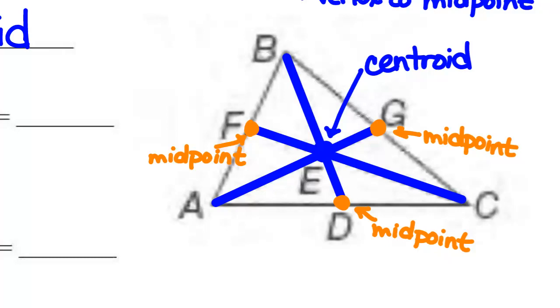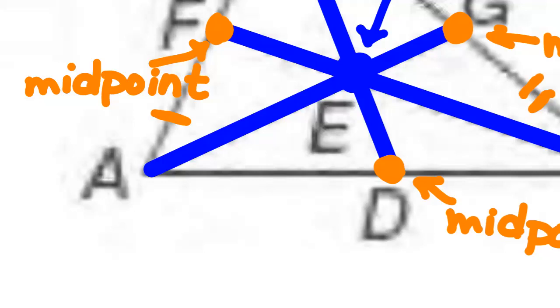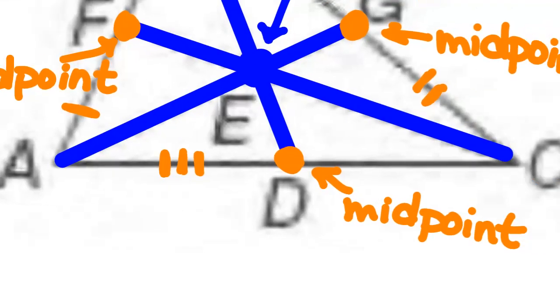If B, D, and G are all midpoints, what does that mean about AF and BF? They're congruent. What about BG and CG? They're congruent. AD and CD? They're congruent. Thank you.